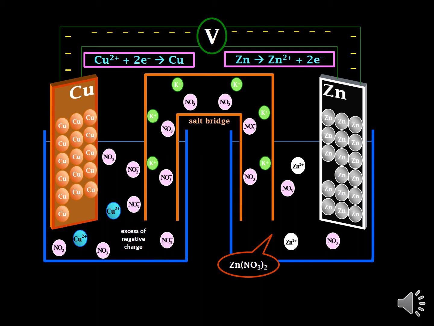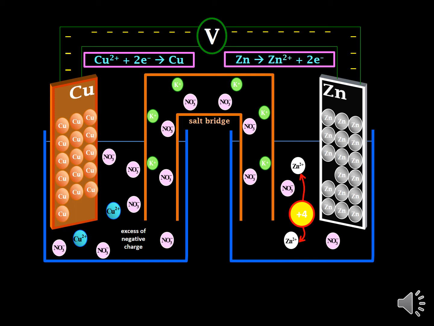Now we will concentrate on the right compartment. Here the zinc ions are already present in the electrolyte, but more zinc ions are coming from the zinc electrode, because zinc atoms are losing electrons and converting into the zinc ions and coming into the electrolyte.